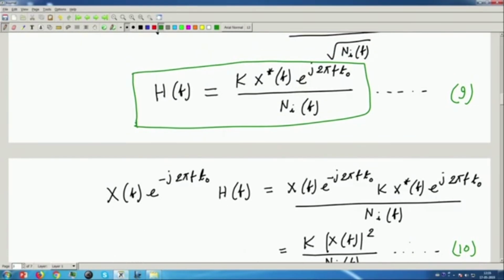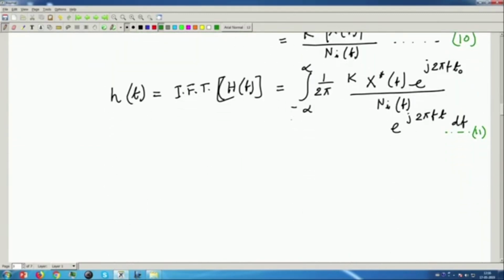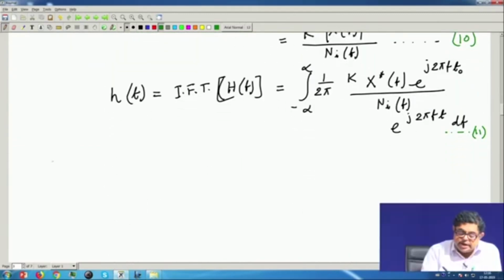What it says is that the transfer function of the matched filter is dependent both on the signal x(t) and the noise. So, we can now specialize this noise to the case of white noise. So, we are specializing that N_i(f).